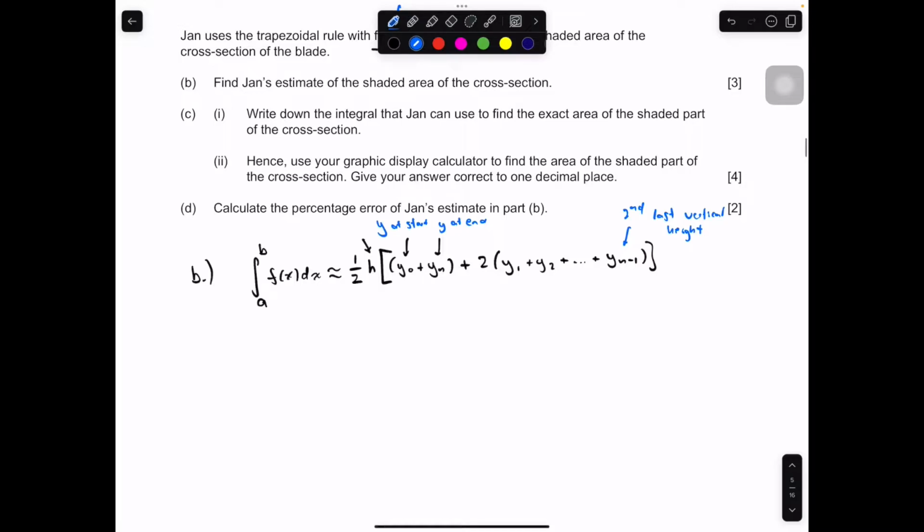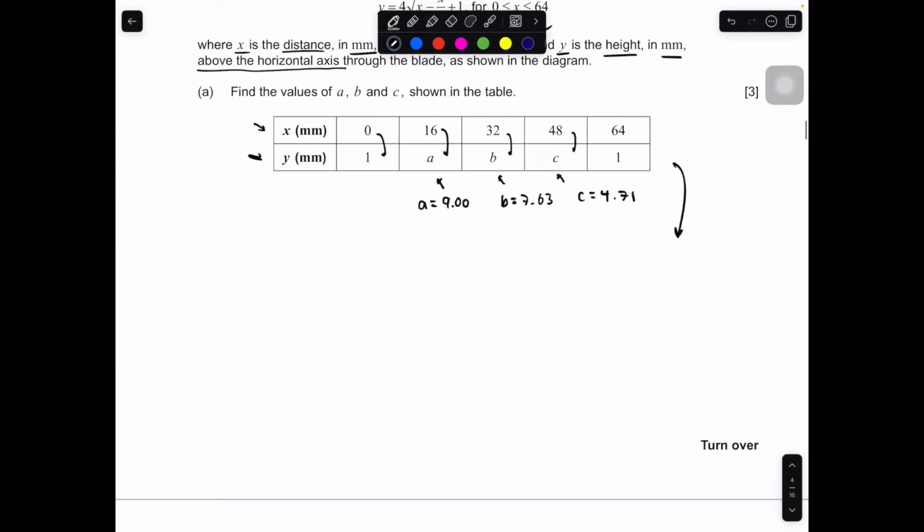All right, so let's flesh this out a little more. So a was our starting point, b was our end point. We don't actually need these for our trapezoid rule, but this is just an intuition or idea of what we're kind of solving for. The sum under the curve, or the area under the curve. So 1/2 h, the size of these intervals, 16, and the y value at the start, so the height right at the very start.